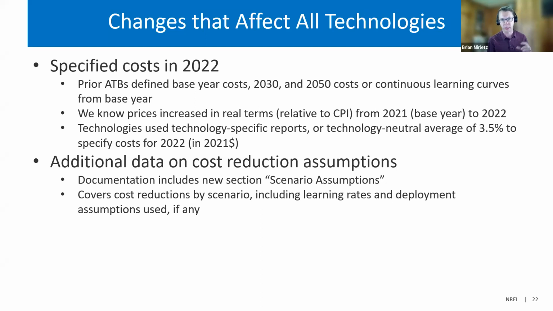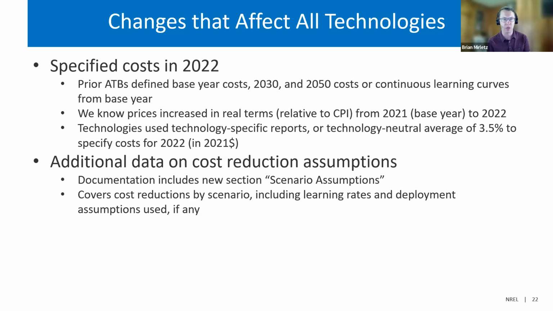If you looked at the increase in costs of renewable technologies relative to the consumer price index from 2021 to 2022, there was an increase in many of these technologies above and beyond just general economic inflation. All of the data in the ATB is represented in a constant 2021 dollar year, but we wanted to represent these price increases in real terms.